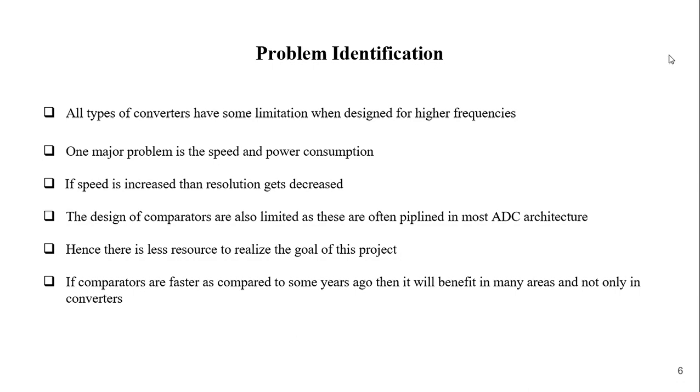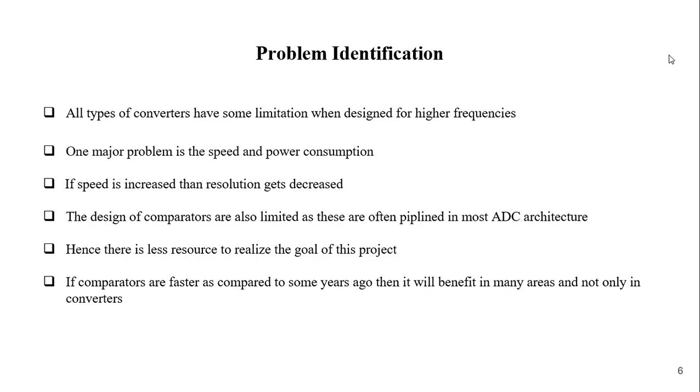Problem identification. The main problem is that all types of converters have some limit, and therefore all types of comparators are also limited. Some comparators only perform at megahertz frequencies, and these types of comparators are used in the ADCs, and the ADCs are pipelined to perform at much higher frequencies like the gigahertz range.